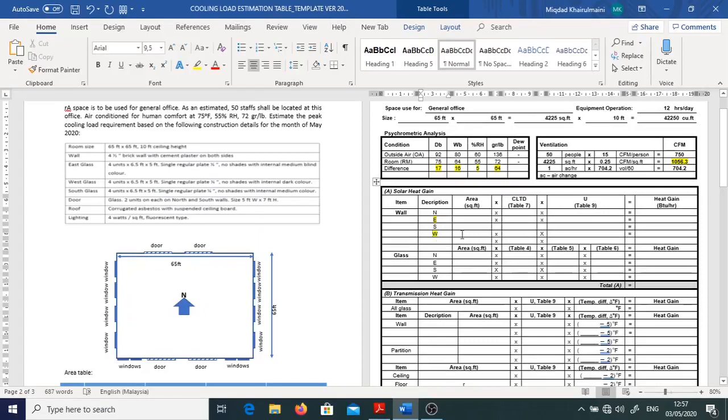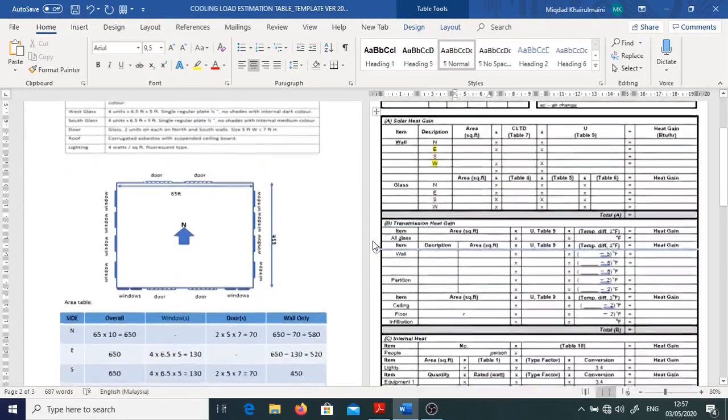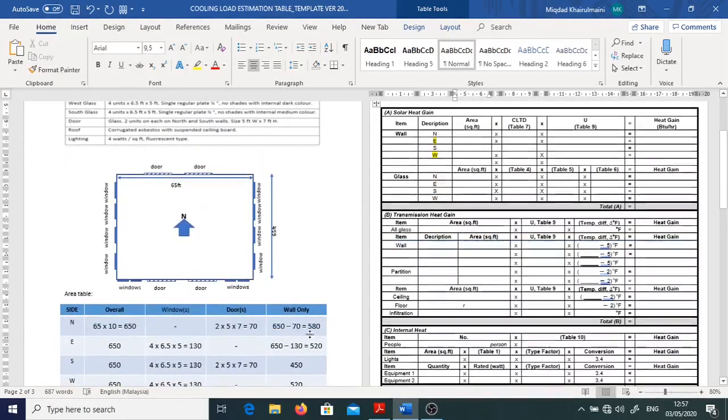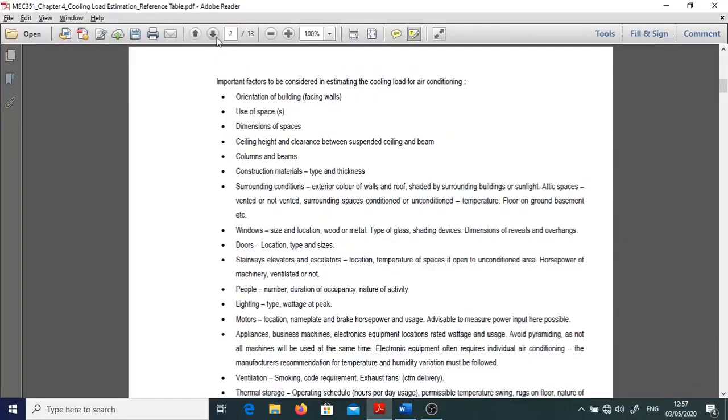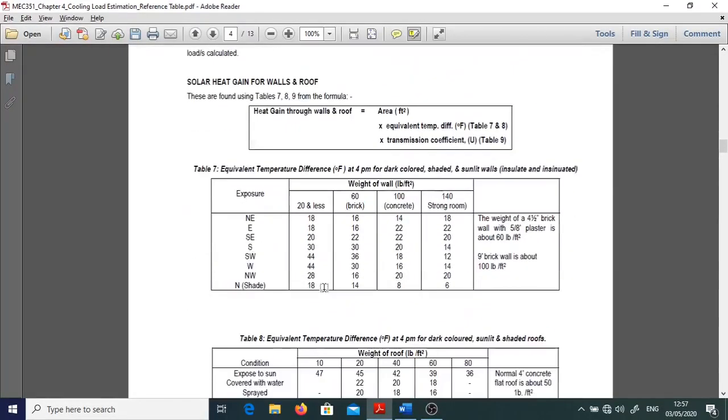For area east, we can get from the table just now. So 520. We solve it one by one. For east, 520. For CLTD, we will open table 7. We look for east exposure, and then we look at our wall material.